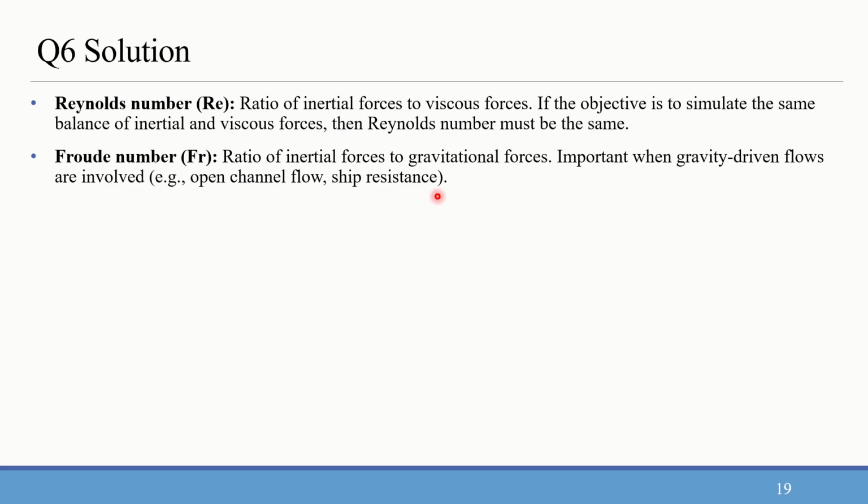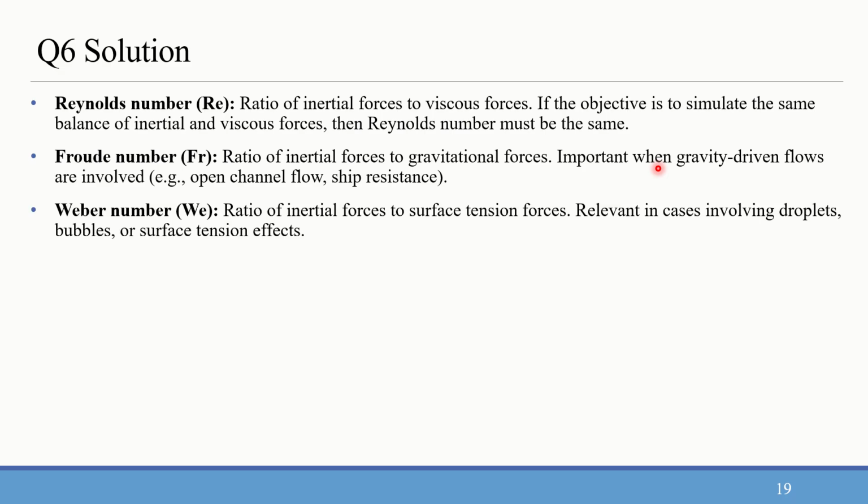It is the ratio of inertial force to the gravitational force, and it is important when gravity driven flows are involved, in open channel, ship resistance, those things. And finally, third one we have Weber number. Weber number is the ratio of inertial forces to the surface tension force, relevant in cases involving droplets, bubbles, surface tension effects. Wherever it is coming, we use the Weber number.